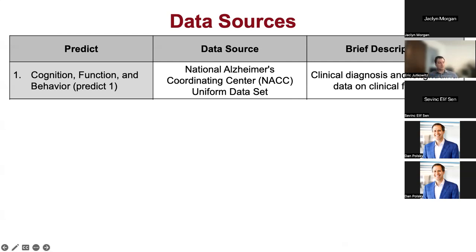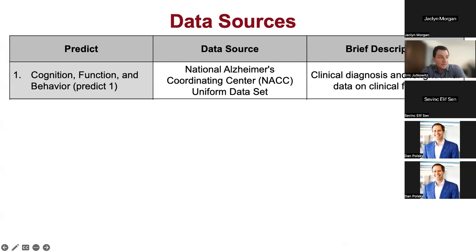So you'll recall our first set of predictions are around the clinical features of dementia: cognition, function, behavior. We're going to draw on data from the National Alzheimer's Coordinating Center Uniform Dataset, I think more commonly known as NACC. What's really powerful about NACC is it provides a clinical diagnosis of dementia, and it's longitudinal. And so you can see when somebody is diagnosed with dementia, you can follow them over time, and you can see how these clinical features change.